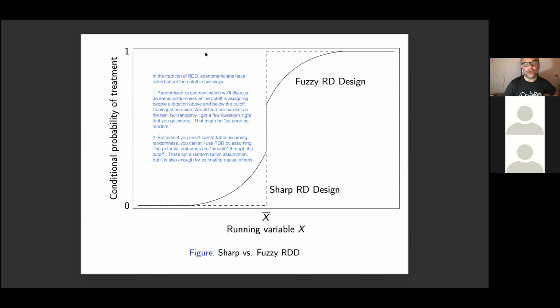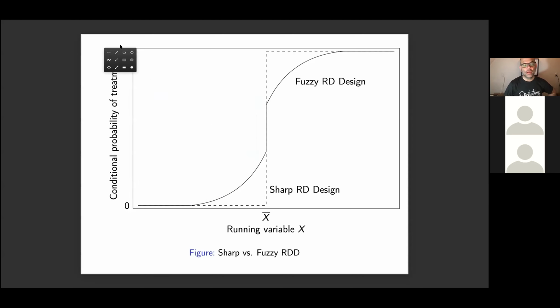The thing I want to point your attention to right now, though, is let's just look at this situation right here in the sharp design. Along the running variable, there is no overlap. What is overlap?